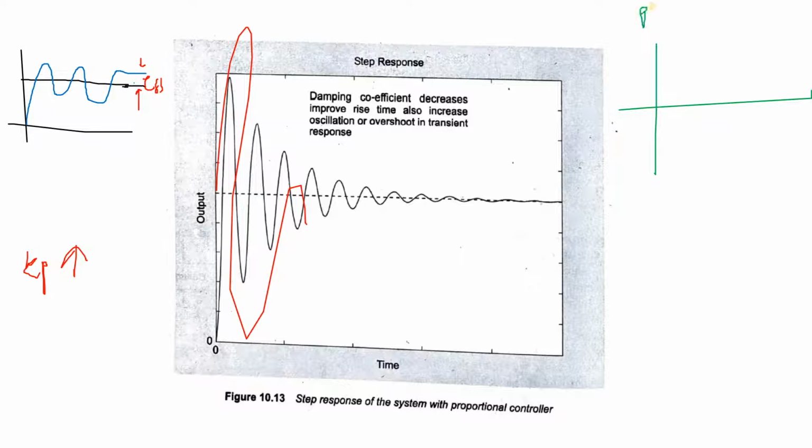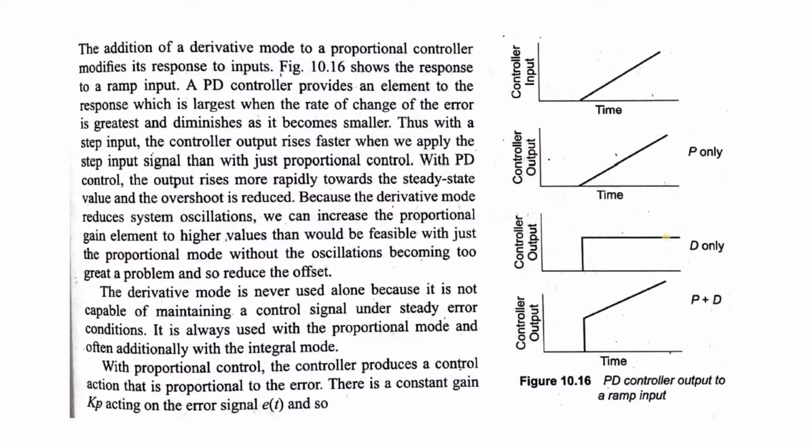But with the help of the PD controller, it will produce some magnitude, so the steepness will be a little bit there, but due to the action of the derivative controller, which is proportional to the rate of increase of error, it will not allow the overshoot to be too much. So it will minimize overshoot, and then it will try to stabilize it, but still the error will be there.